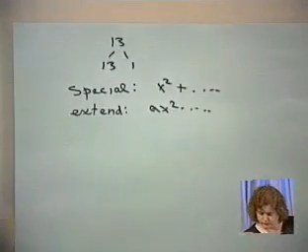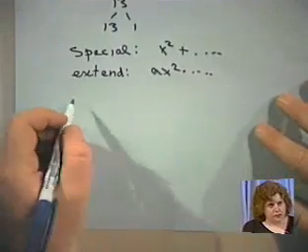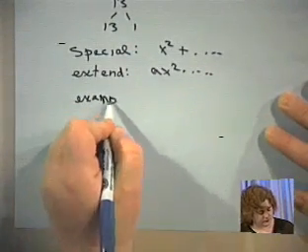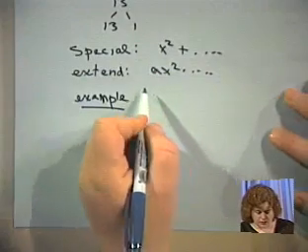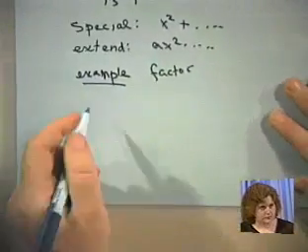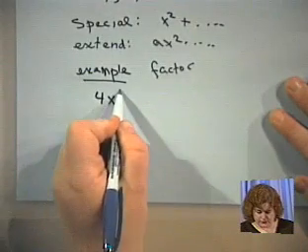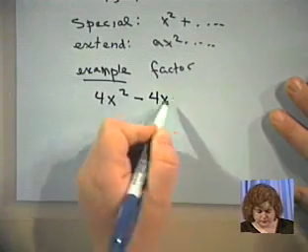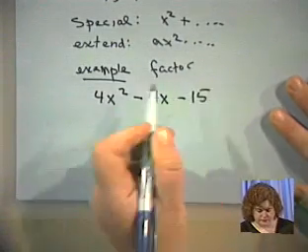We'll use the same method, and we will factor 4x squared minus 4x minus 15.